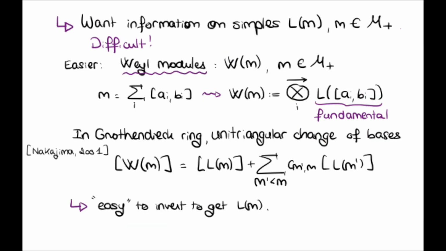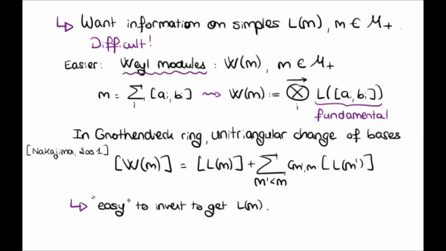And as usual, we want to have information on simples, but this is a difficult problem. So what is easier is to study Weyl modules. They are indexed by the same thing, by multi-segments, and they're defined that way. For a multi-segment M, a sum of segments, you construct the Weyl module by just taking the tensor product of the simple modules associated to each of the terms.